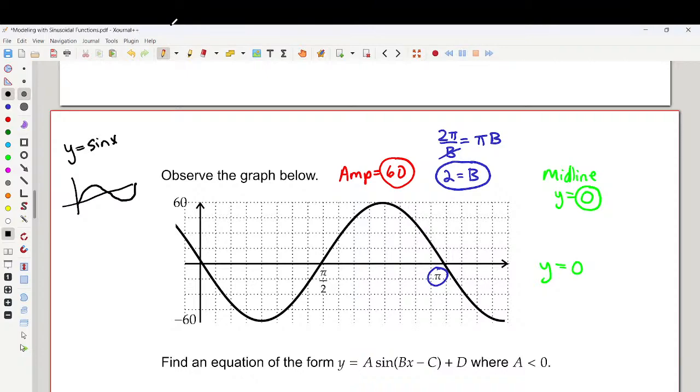However, if there's a -1 in front of it, how does the parent change? It doesn't go crest trough. Instead, it goes trough followed by a crest, because an outside multiplier, let's go back to parabolas, they open up if your a value is positive, and if they're negative, they've been reflected. So the parabola would open down. Well, same thing here. We have an a value of 1, so that's what it does. And if you hit it with a -1, it's just been reflected.